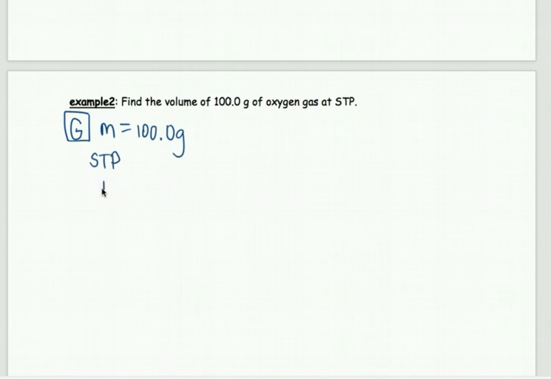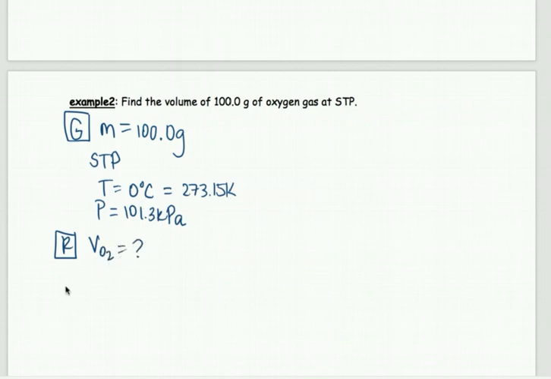The temperature is 0 degrees Celsius, that's the standard temperature. If you add 273 to it, you would have this in kelvins. The pressure is 101.3 kilopascals, and again, that's on the formula sheet as well. So we know the mass, the temperature, and the pressure. Our goal is to find the volume of oxygen here.